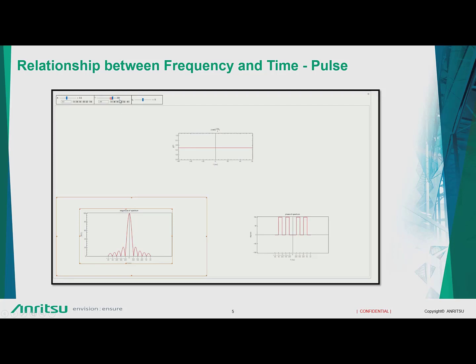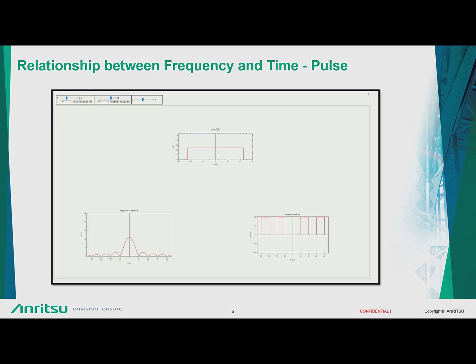But let's see, if I slowly and steadily reduce the pulse width, that means my pulse is getting narrower and narrower. As the pulse gets shorter or narrower in width, the spectrum content keeps on increasing. So the narrower the pulse, the more huge the spectrum content of that pulse is going to be, right?